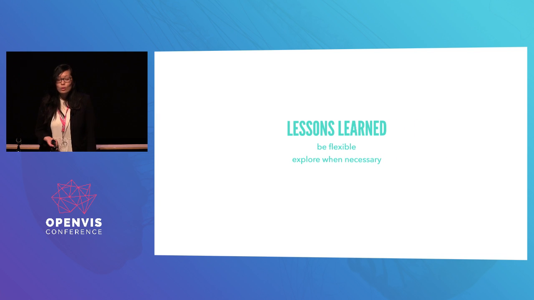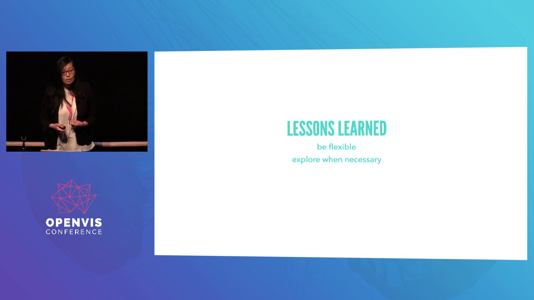So for the past 2 years, I've learned so much from all of these experiences. And if I can boil it down to some of the most important points for me, it's been to be flexible, both in the product, because we never know what kind of data our customers can throw at us, and also to be flexible in the process so that we can explore when necessary, but not all the time.